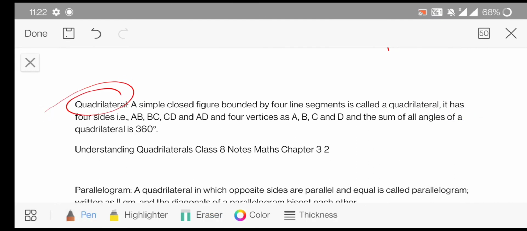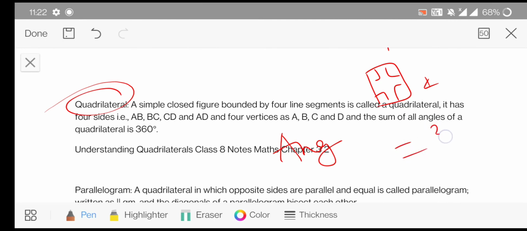Quadrilateral means 4 sides. Okay, and if there are 4 sides, it means it can be a square, it can be a rectangle, and right now you will study other quadrilaterals also. So in a square or rectangle, how many angles are there? There are 4 angles. So the angle sum property for this quadrilateral is 360 degrees. It means that the sum of all the four angles is 360 degrees.